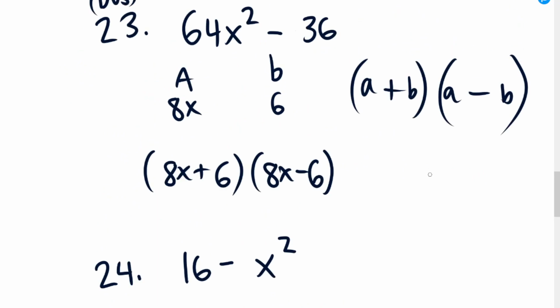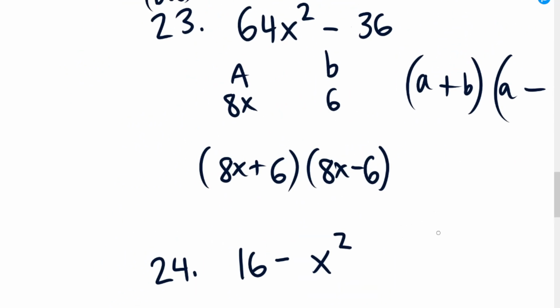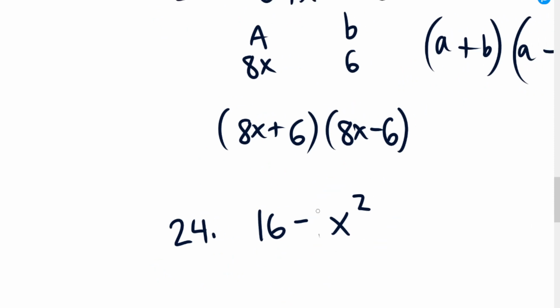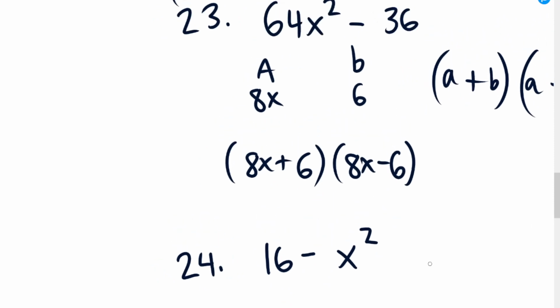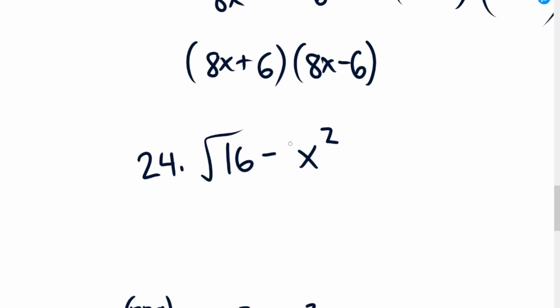This one is also a perfect square, though this one tends to confuse some students because they see this negative 2, they see this x squared after the 16. Now, we actually can still work with this. We don't want to rearrange it into standard form because this is already in the perfect square factoring form that we need it to be in. So let's square root both terms.